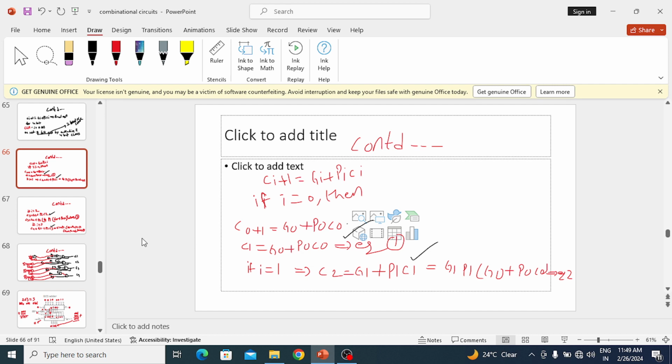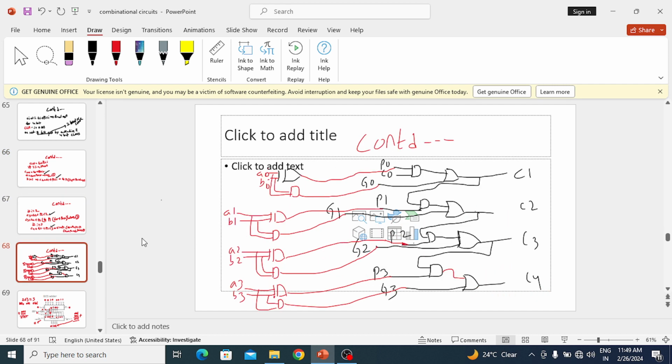So I take an AND gate, I apply P0 C0, then I take one OR gate, and this AND gate output and this G0 I give to the OR. This will become C1. Okay, I got C1. Now C2. How to get C2? Again C2 equal to P1 C1, AND operation.